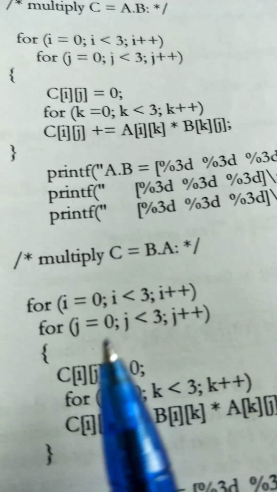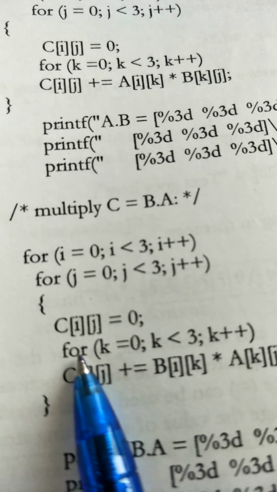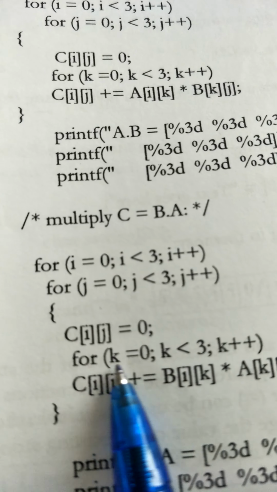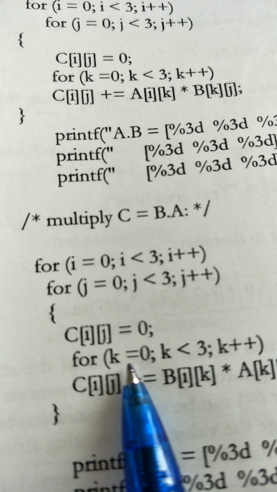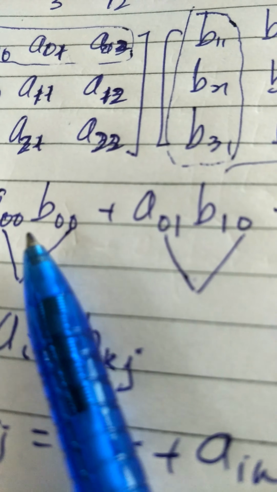Now we have Cij, and then we need another loop for K. This loop for K is for that, because in each summation we change K from 0, 1, and 2.